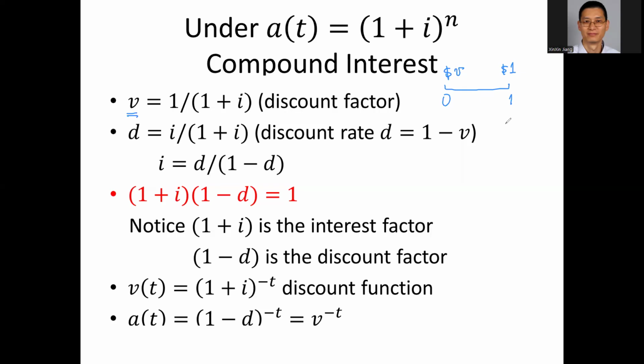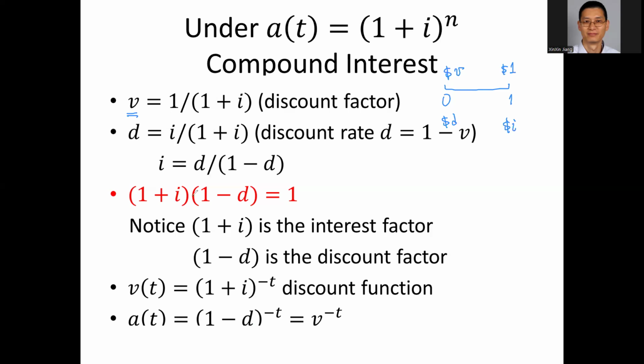And if you have an i here, then you have a d here. So discount factor v is 1 minus d.